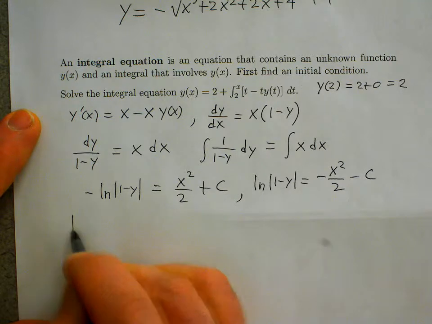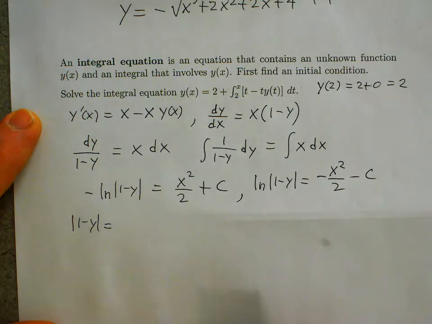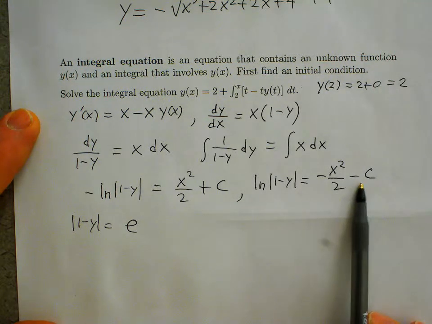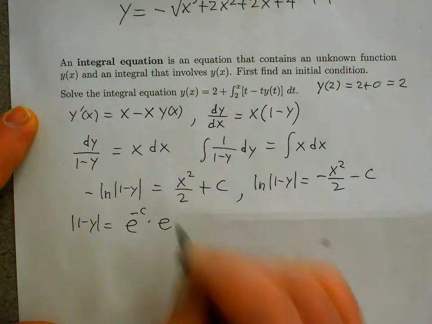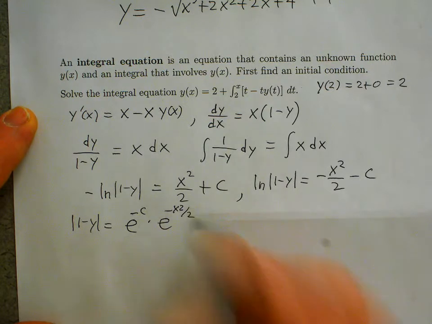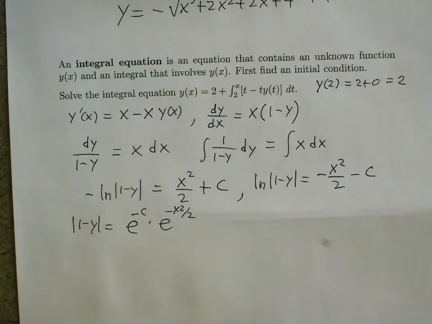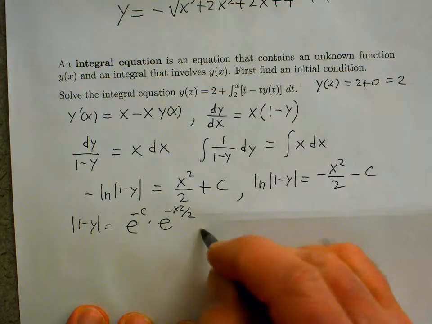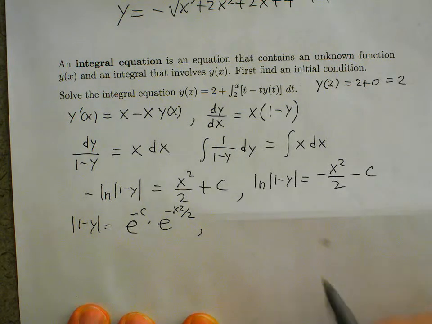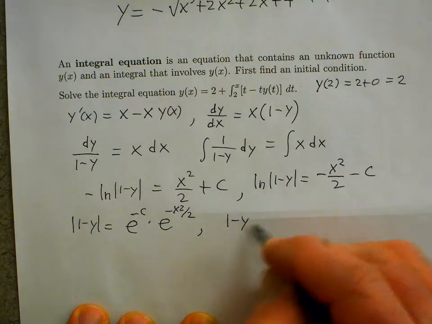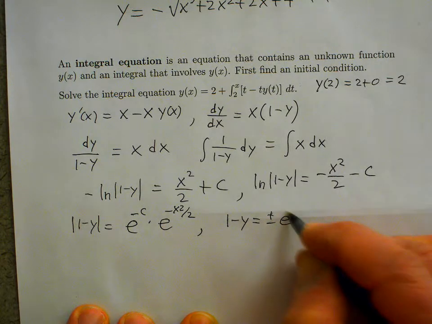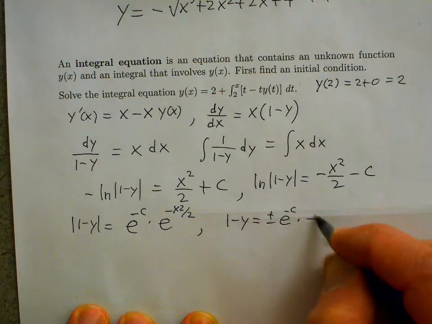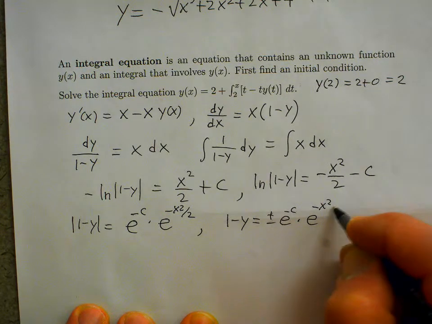And then the absolute value of 1 minus y equals e to the, I'm going to write it in the simpler form, e to the negative c times e to the negative x squared over 2. So removing the absolute values, we get 1 minus y equals positive or negative e to the negative c times e to the negative x squared over 2.